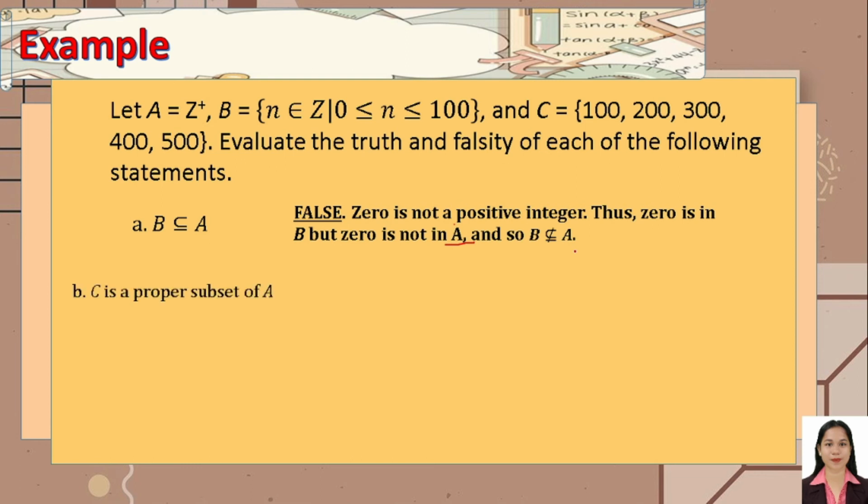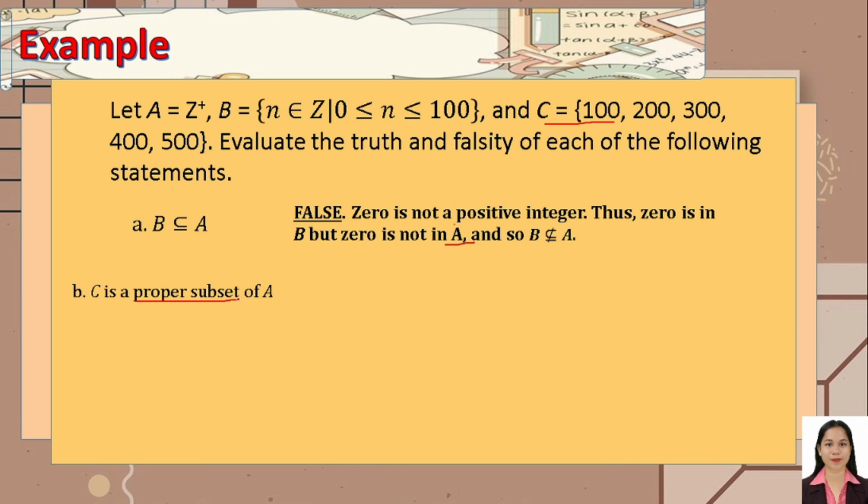Letter B. C is a proper subset of A. True. Because, as you can see, in A, all are positive integers, and all the elements in C are positive integers, since it starts at 100, 200, 300, 400, 500. And it says C is a proper subset.